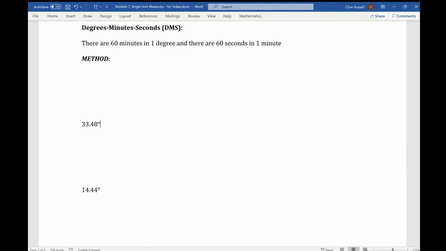Right, so now that we've talked about different ways of expressing angles, we said that there's radians, there is degrees, but we further divided the degree down into what we call degree, minute, seconds. So when you see DMS, it means degree, minute, seconds.